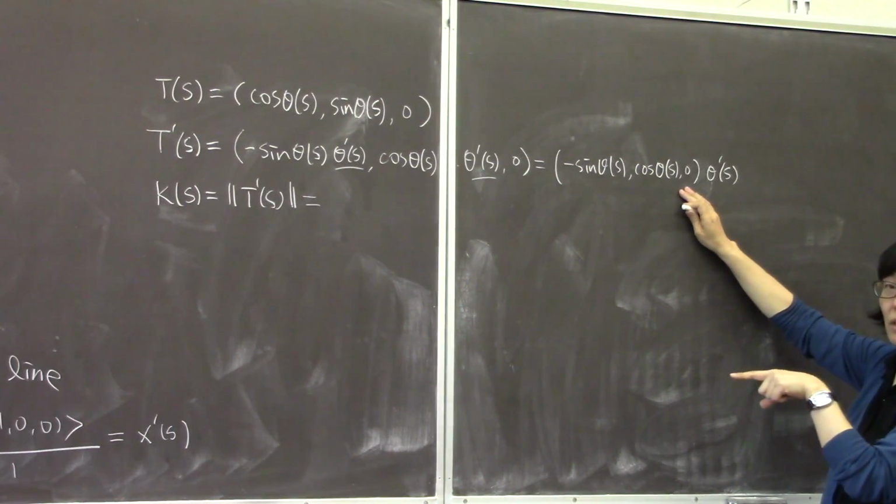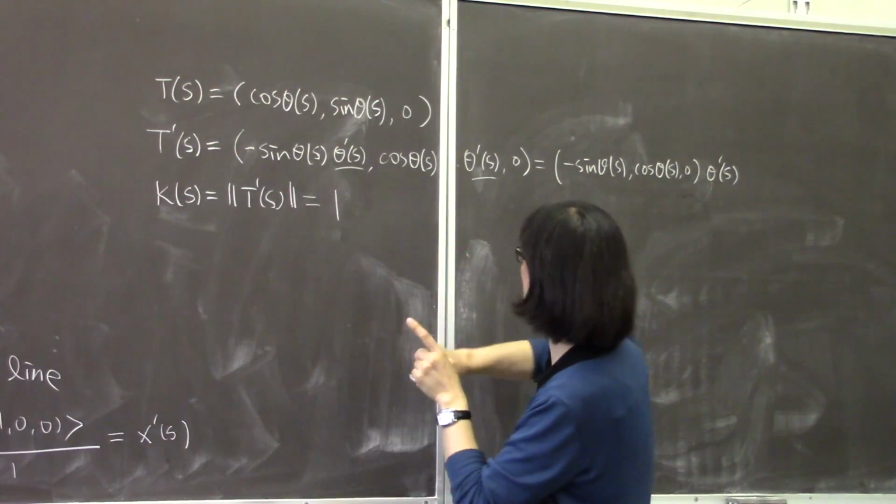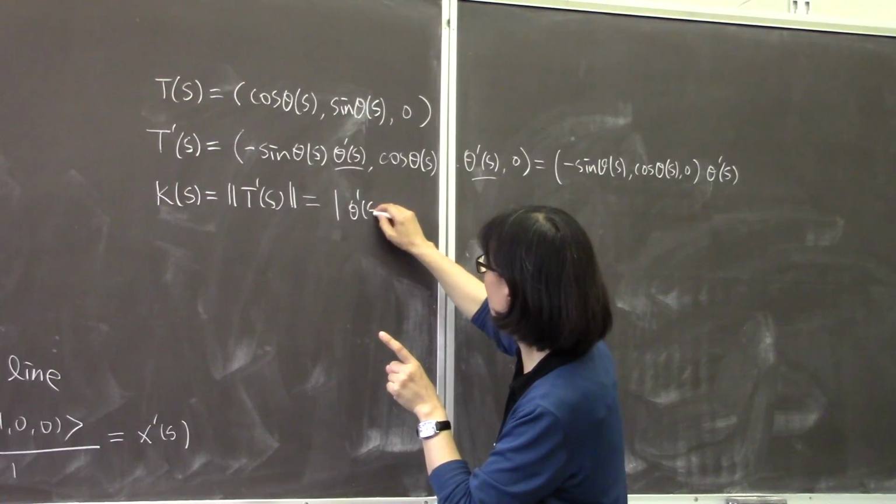This one is a unit, length 1, and that is the absolute value of theta prime.